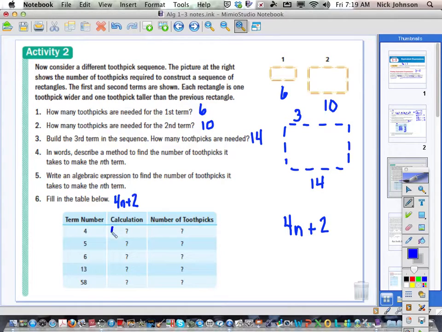Well, this becomes 4 times 4 plus 2. 16 plus 2 is 18. And I'm going to skip a couple of these because I think you're going to get the picture. 4 times 13 plus 2. 52 plus 2 is 54.